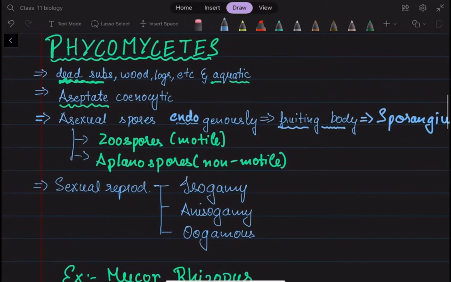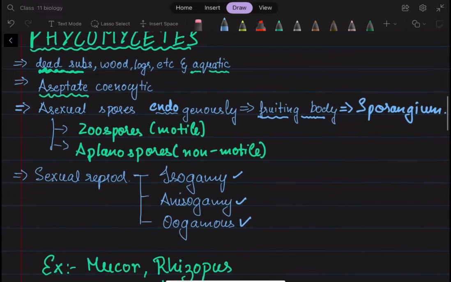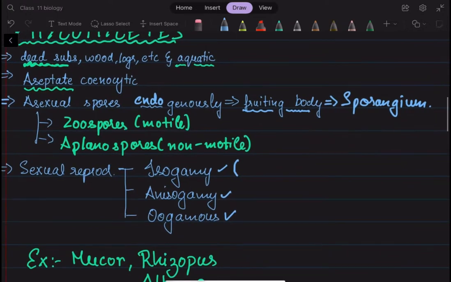Next, sexual reproduction takes place through three ways, and the first one is isogamy. Isogamy takes place when similar gametes fuse. It can be either motile or non-motile.